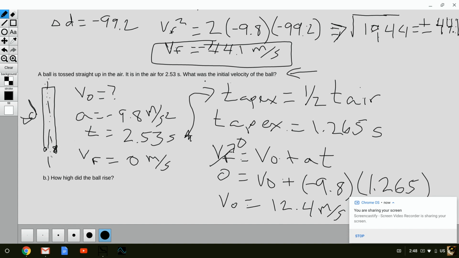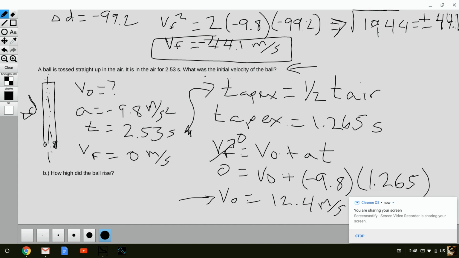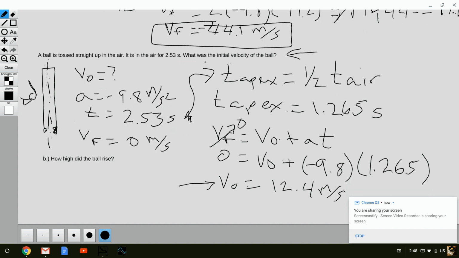Believe it or not, you would get 12.4 meters per second, but a negative 12.4 meters per second. So what's interesting here is the initial and final velocity end up having the same magnitude, but a different direction.